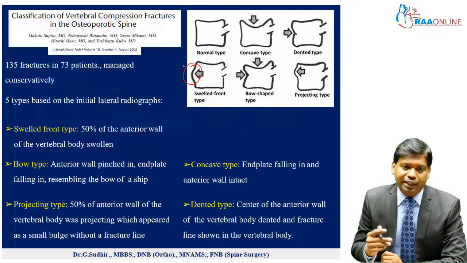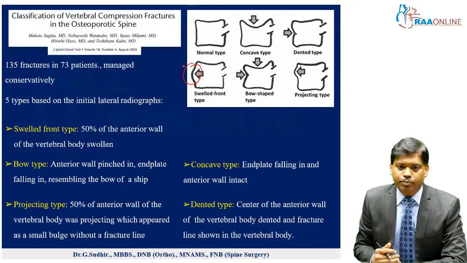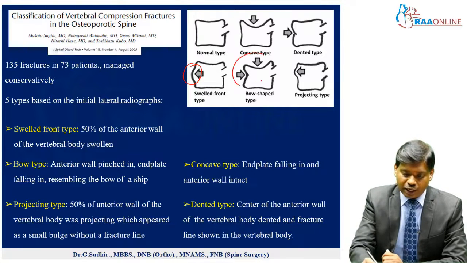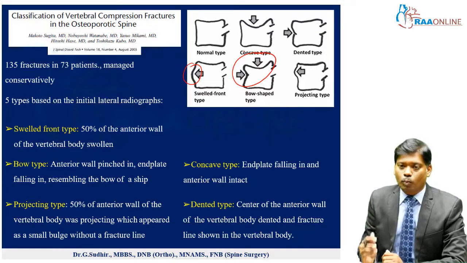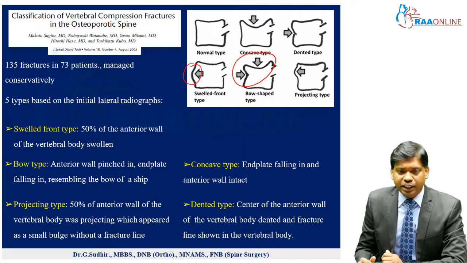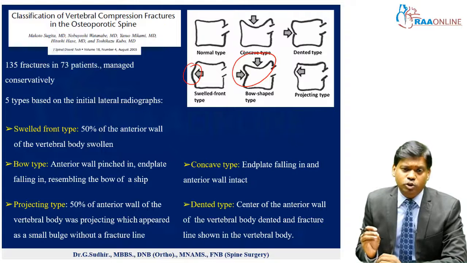The next one is the bow type, where the anterior wall is pinched in and the end plate is failing, resembling the bow of a ship. You can see here the anterior and the superior end plate are involved. The projecting type is when 50% of the anterior wall of the vertebral body is projecting and appears as a small bulge without a fracture line.